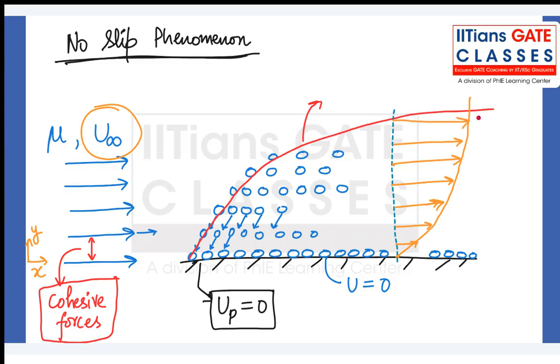At the edge of the boundary layer, we will have velocity which will be almost equal to free stream velocity, let us say 99% of u infinity. And just after the edge of the boundary layer, this velocity will be u infinity. Correct?